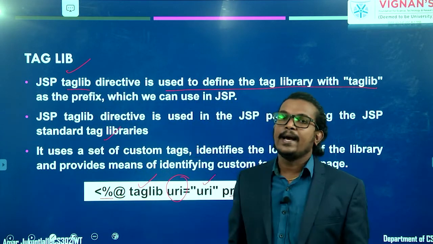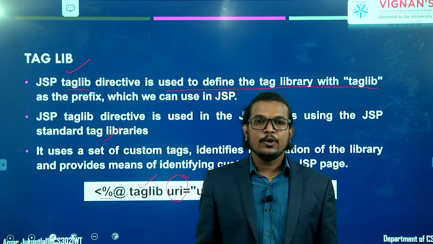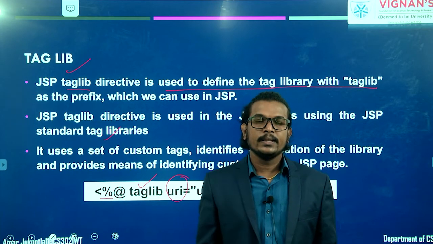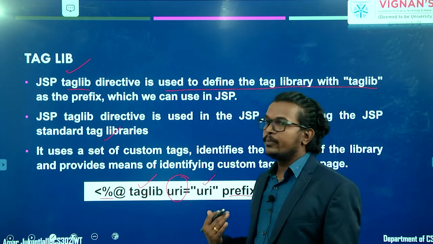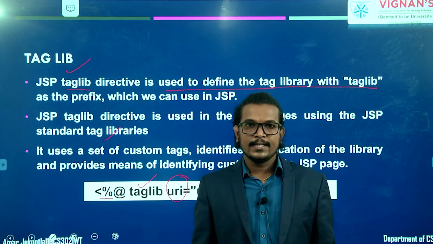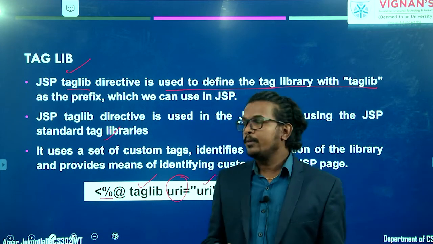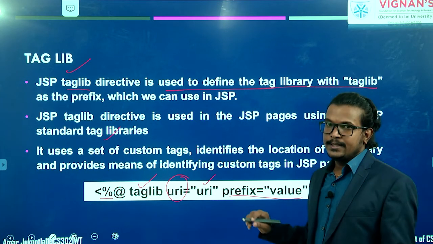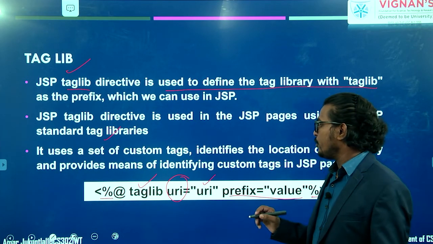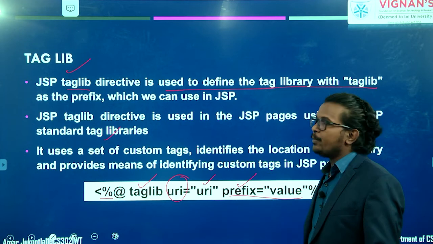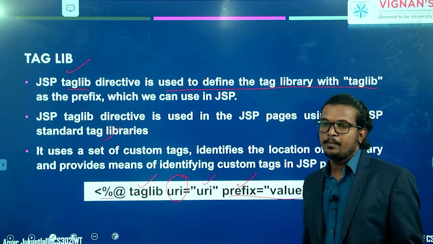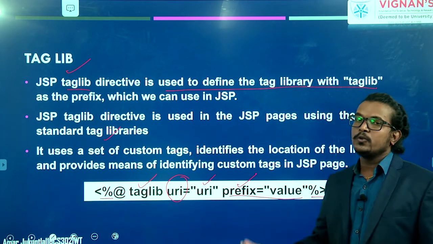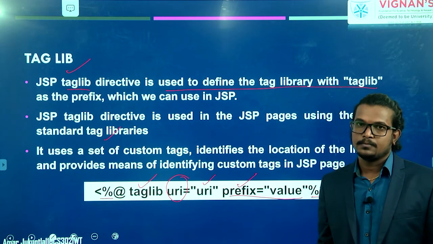With the help of the tag library directive, you can access all those custom tags in your JSP page. Only one thing you have to remember here: if you want to use your custom defined tag in your JSP page, first you have to define the prefix. After that only you can use that particular tag.